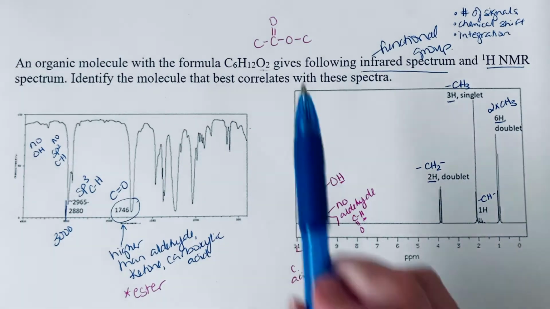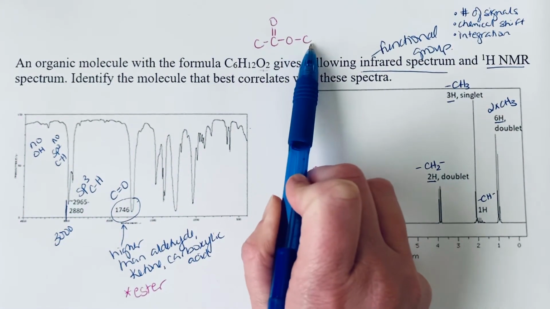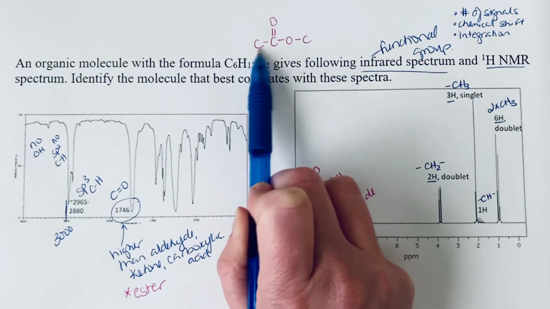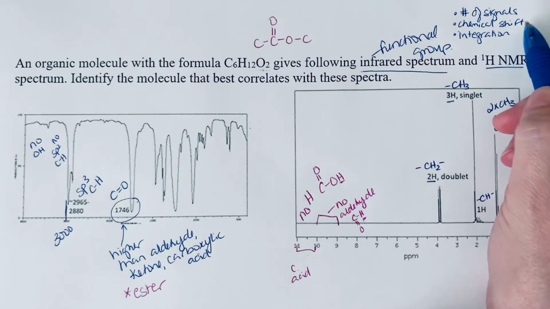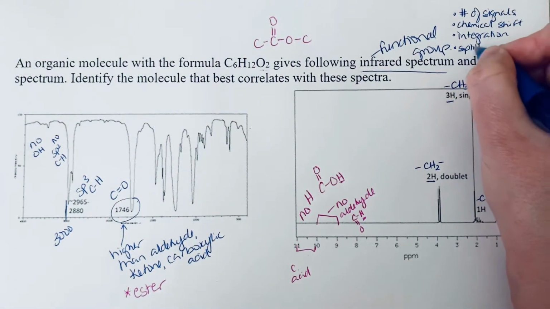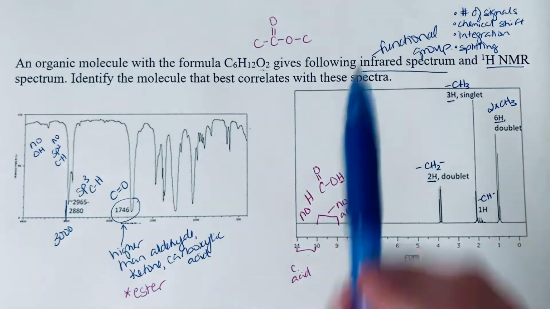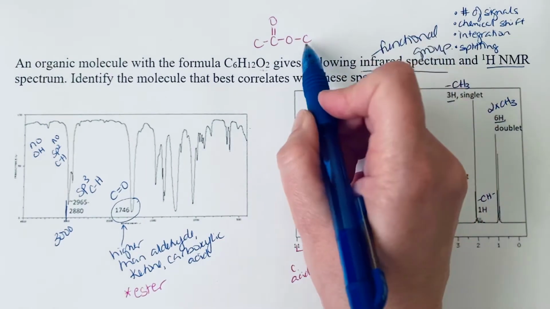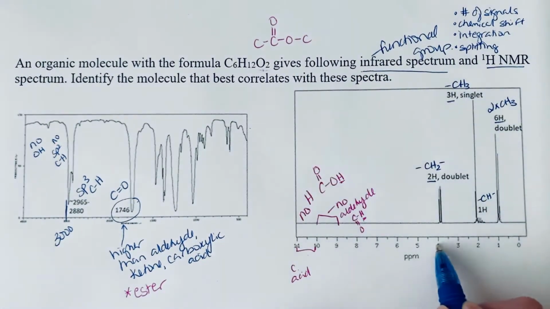So to put this together, the first thing I want to say is, well, what's on this side of the ester, on the oxygen side of the ester, and what is on the carbonyl side of the ester? So I'm going to look to the chemical shift. And the last piece here I didn't write is splitting. And we will use that to verify what's next door to what. So hydrogens that are on a carbon right next to an ester, right there by oxygen, I would expect to be down here around 4.